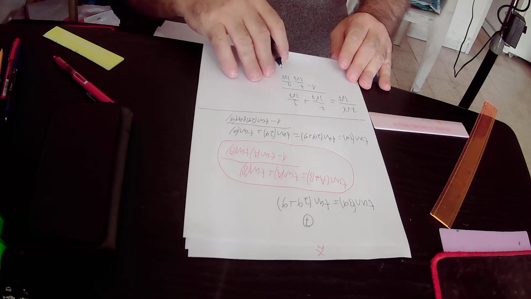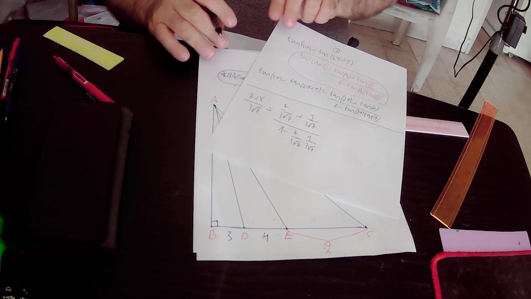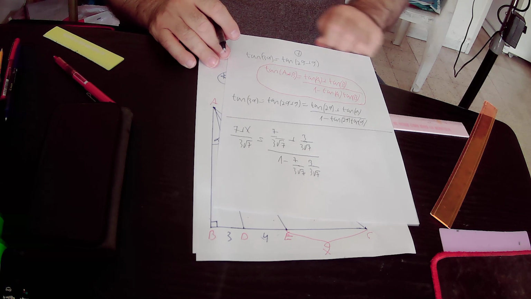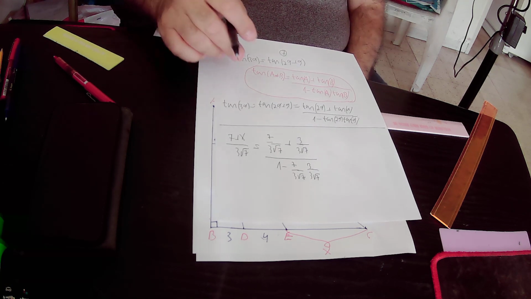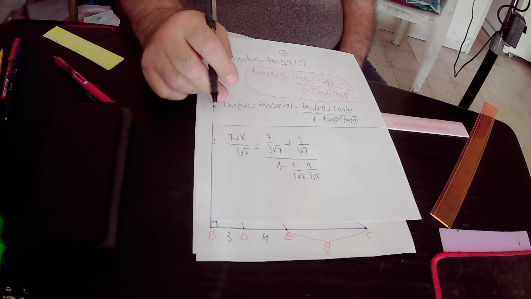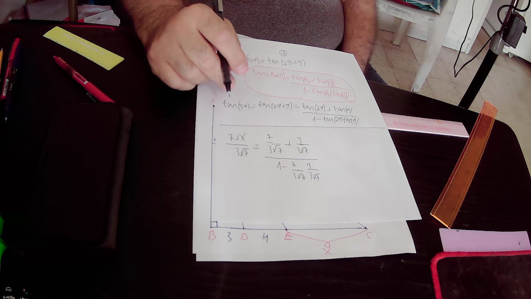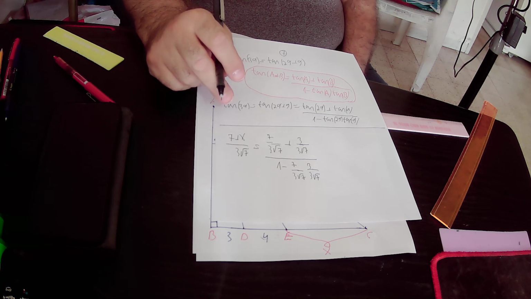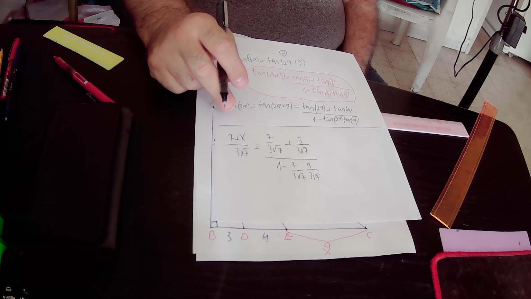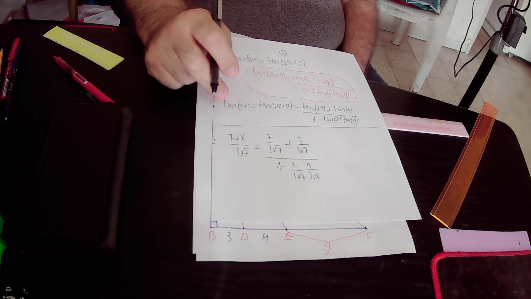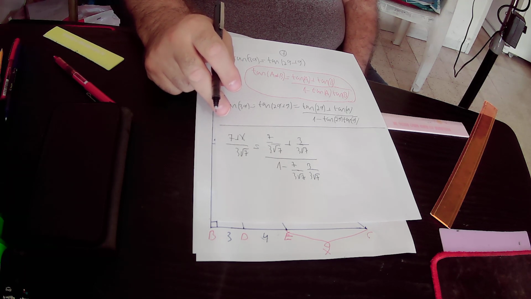Okay, so that is what we found after we substituted tangent alpha, tangent 2 alpha, and tangent 3 alpha by the values that we have already found for them.